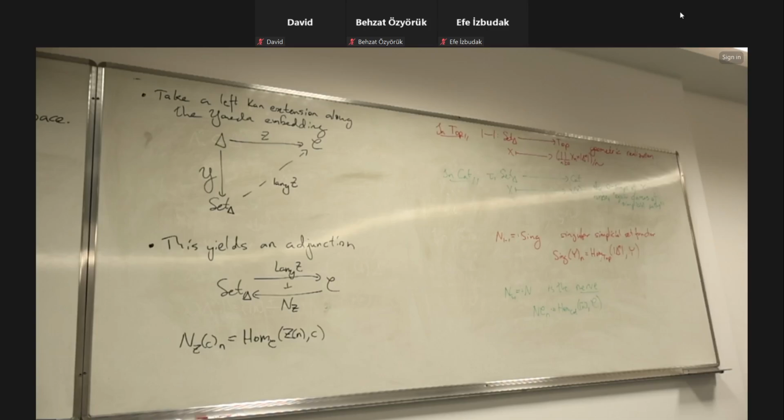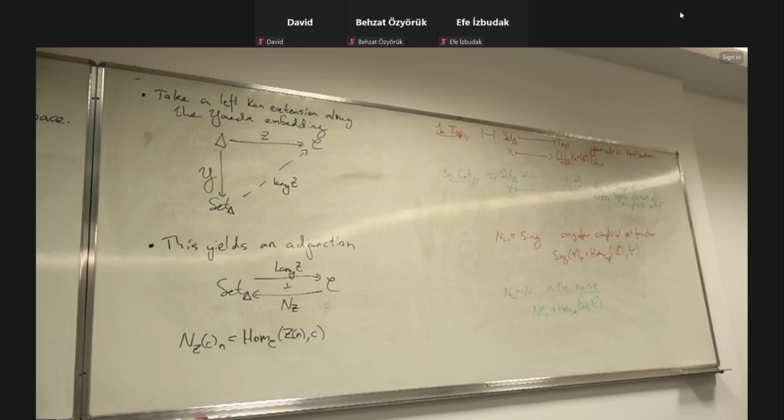So what about the singular chain complex? The way that you get the singular chain complex is you pass through the singular simplicial set functor, take a free abelian group, and then take the Dold-Kan correspondence. So the Dold-Kan correspondence itself can also be viewed in this light.